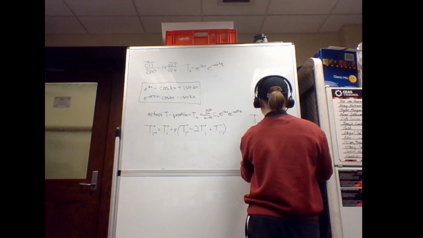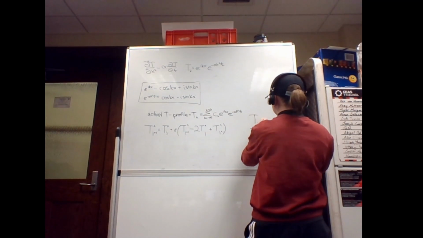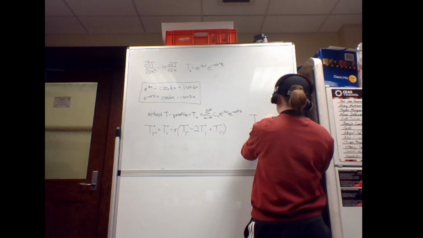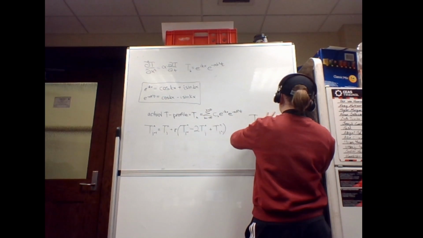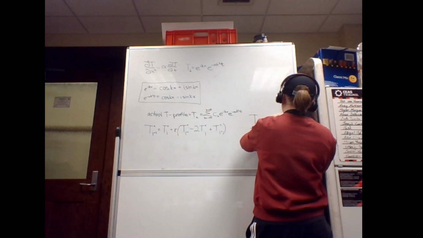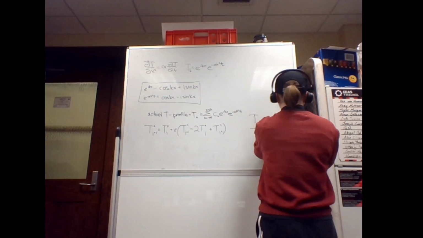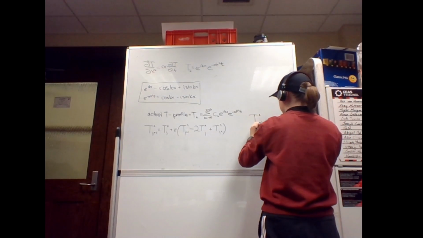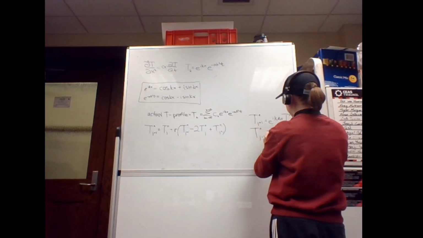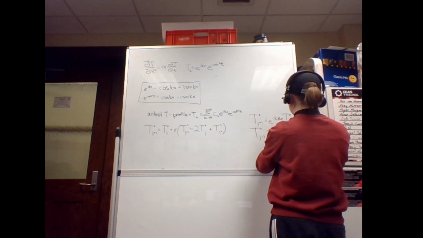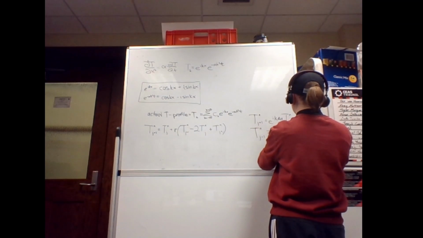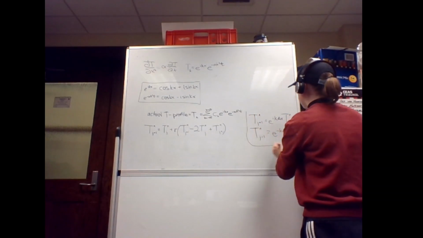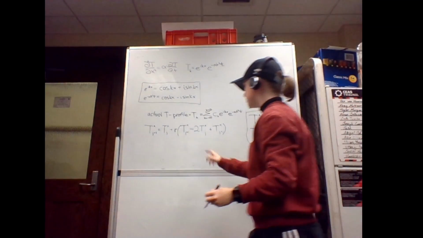So T_(j+1) is going to be e^(ik Δx) multiplied by T_j^n, and then T_(j-1) is going to be e^(-ik Δx) multiplied by T_j^n. Alright, so we can take these and plug them back into here.